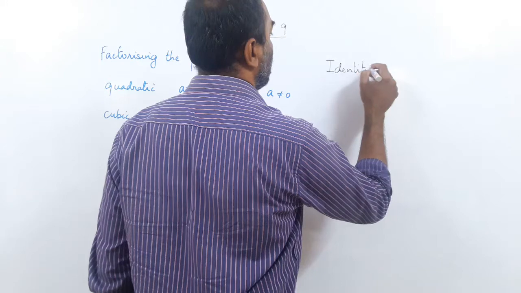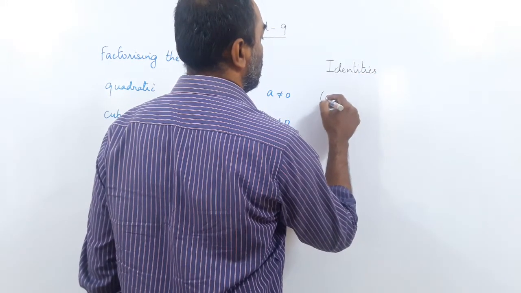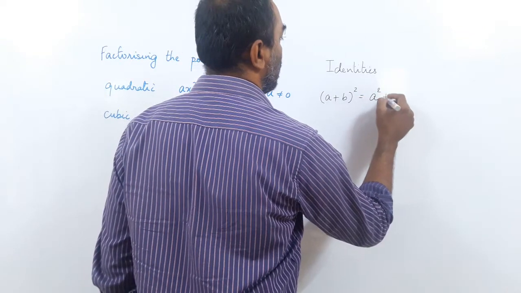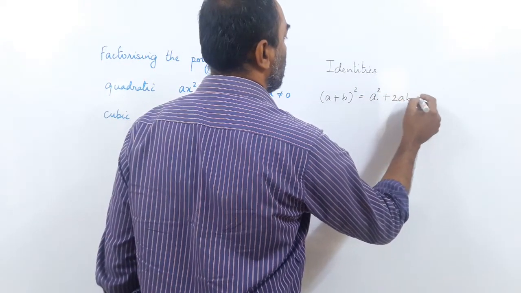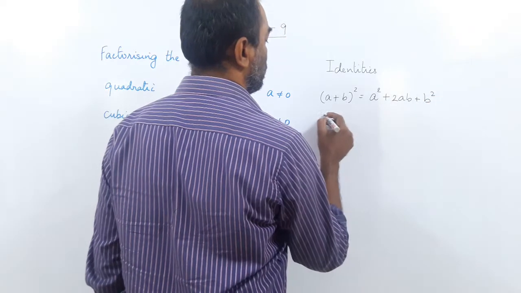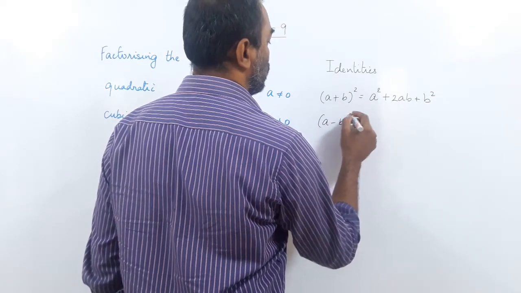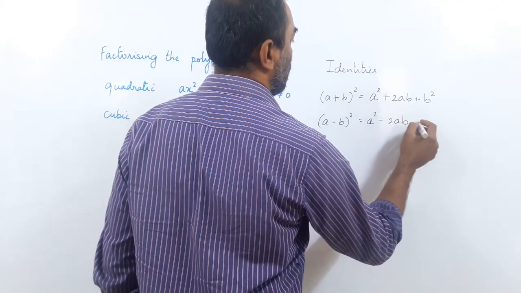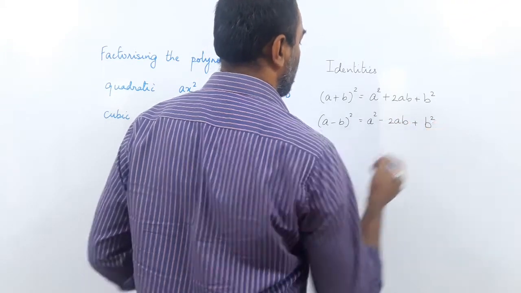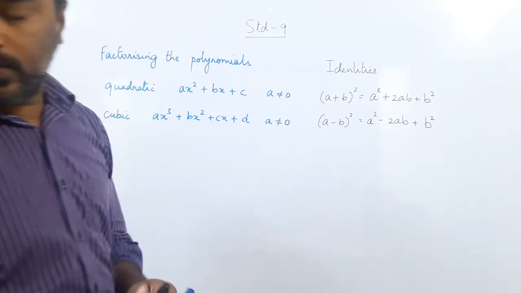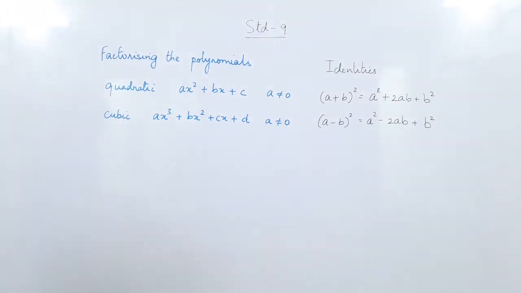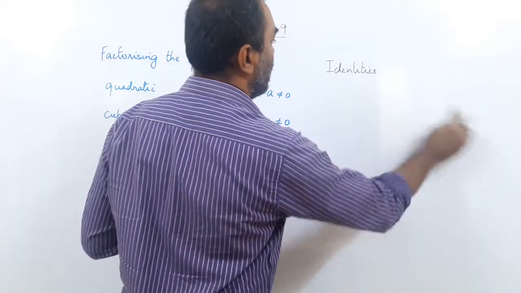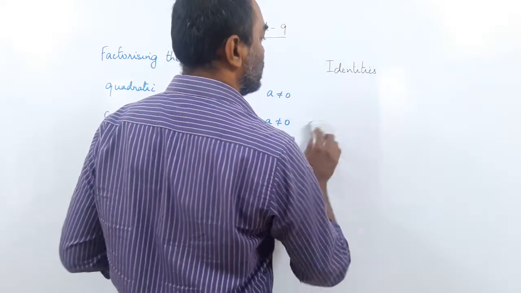The algebraic identities. For example, a plus b the whole square is a square plus 2ab plus b square. A minus b the whole square is a square minus 2ab plus b square. Okay, I've written it like this, but I think I should change this because we have used constants as a and b, and identities are in the form of variables, right?